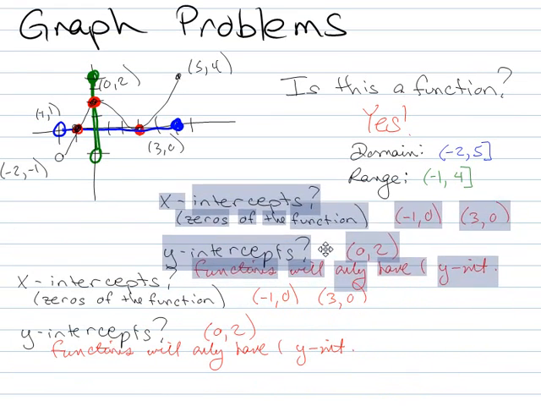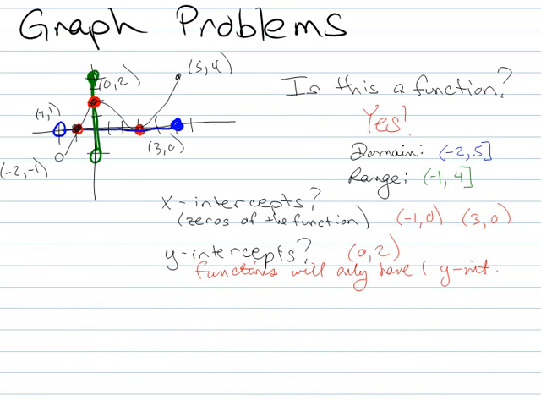Okay. So you have questions like this. Then you can have questions that come along and say, well, what is f of 0? So how do you find f of 0? Remember that this value in here is your x value. So when x is 0, what is y? So you want to find a coordinate that has the x value equal to 0. And that'll be this one right here, 0, 2.